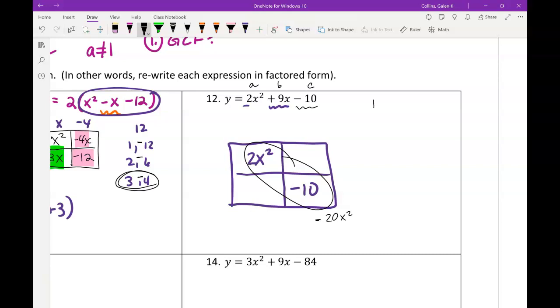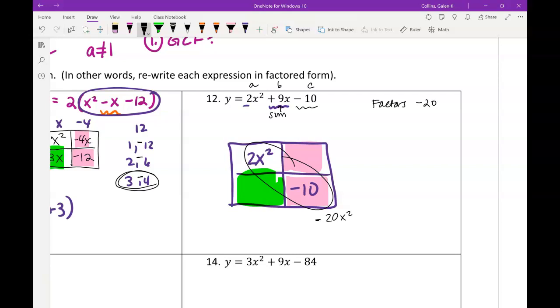All right, so if I think about factors of negative 20, and if you can come up with it in your head, you don't have to list them all, it just helps me to list them out. Well, again, I know this is a negative product when I multiply, so I'm going to need a negative and a positive. It doesn't matter where you put the negative, where you put the positive in the diagram. Let's see, and we need a sum of positive 9.